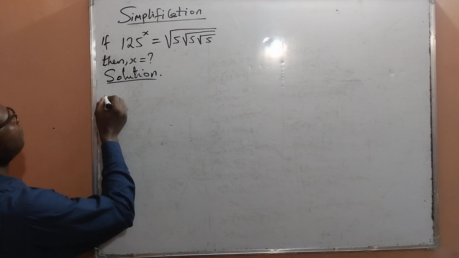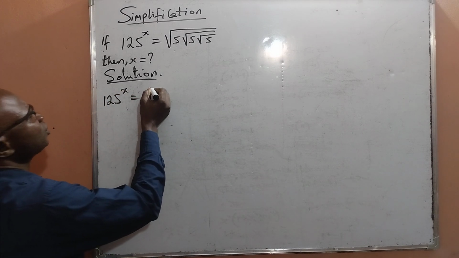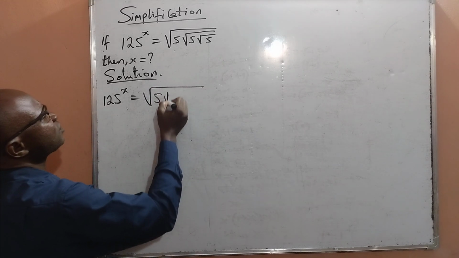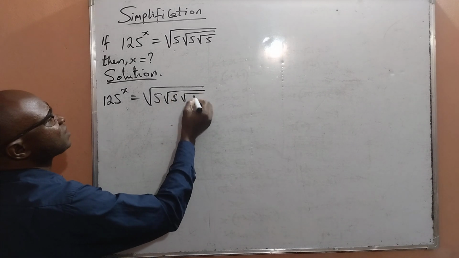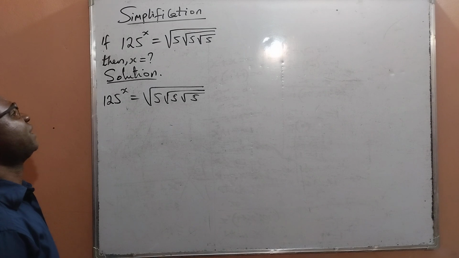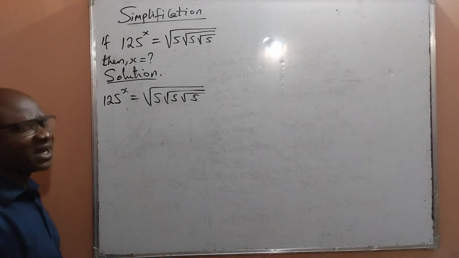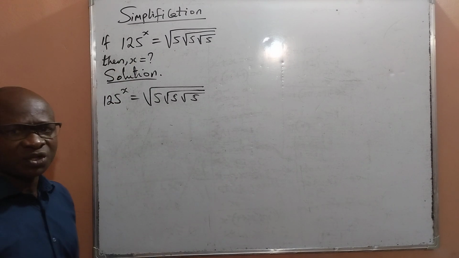I am given 125 to the power of x equal to square root of 5, then under the square root, another square root of 5, and yet another square root of 5. The first step that I will take is to square both sides of the equation in order to eliminate the first square root sign.